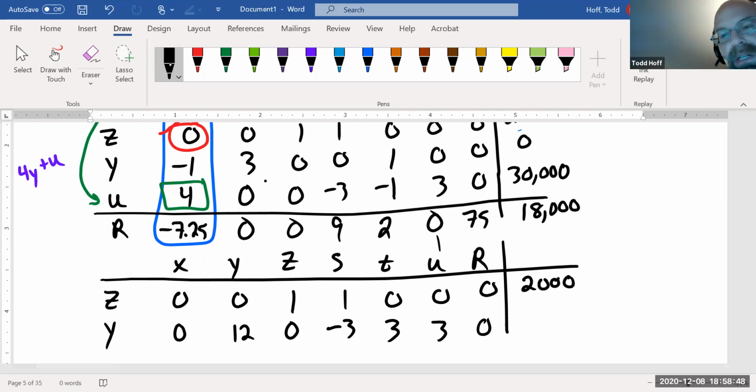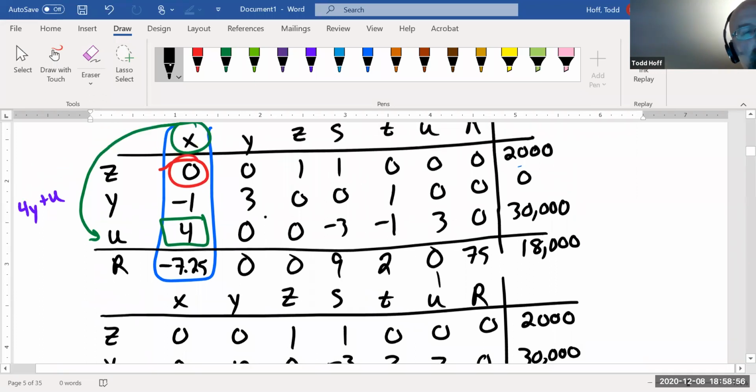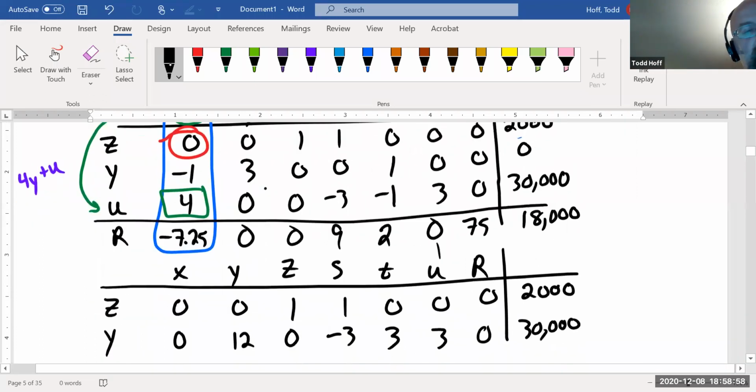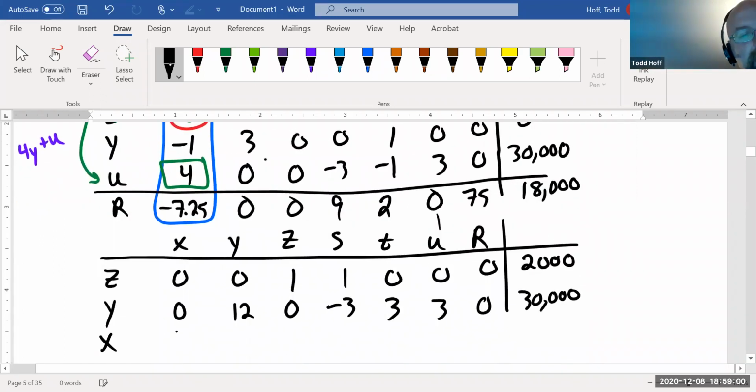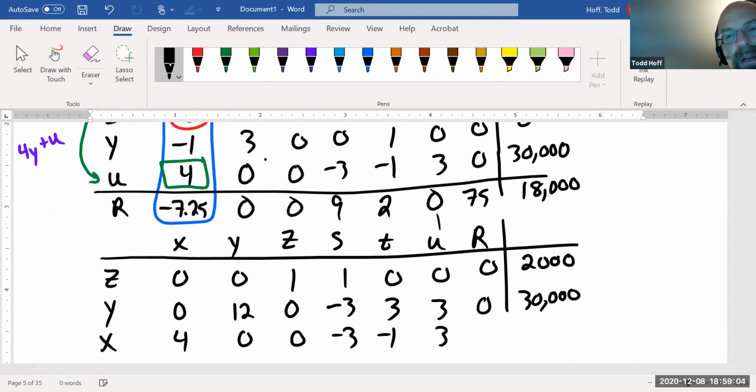Now 4 times 0 is 0, plus 30,000 is 30,000. Row U is our pivot row, so the numbers don't change, but we're going to change the label to X. Let's say 4, 0, 0, -3, -1, 3, 0, and the 30,000.